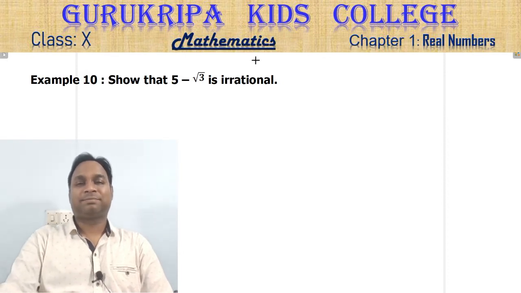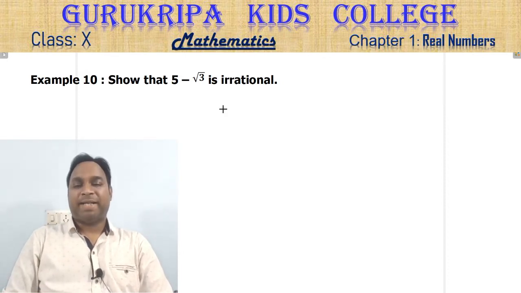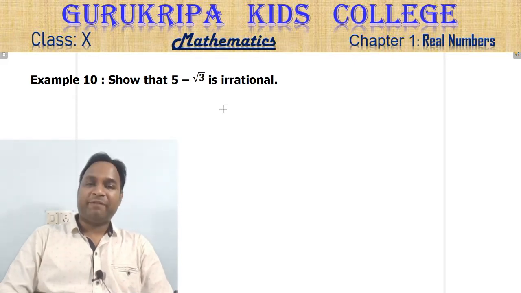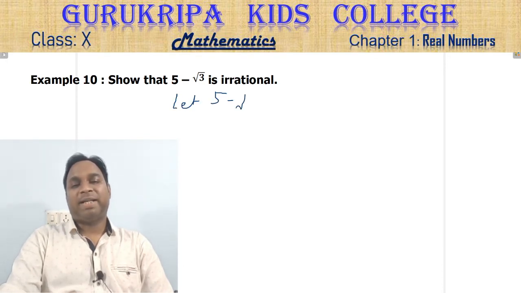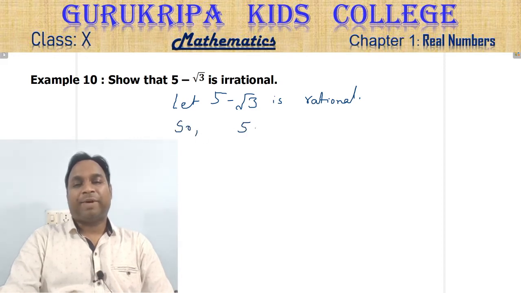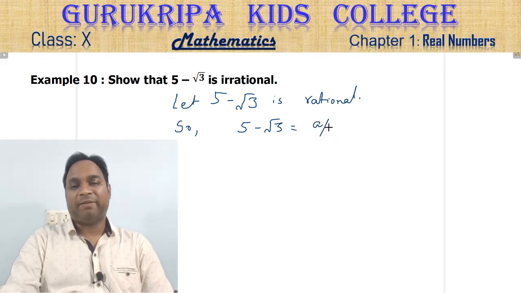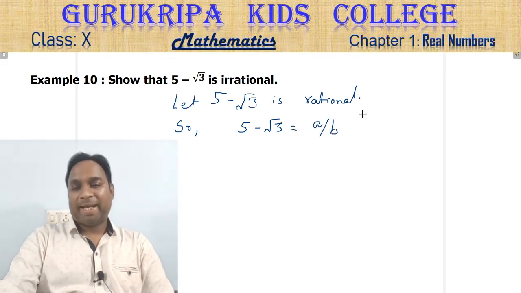Prove that 5 minus square root 3 is irrational. Again we will prove it by contradiction. We will assume that 5 minus square root 3 is rational. So we can write it as 5 minus square root 3 is equal to a divided by b, where a and b are co-prime.